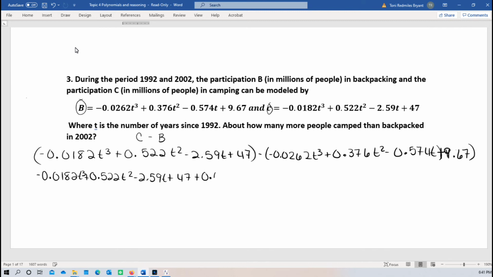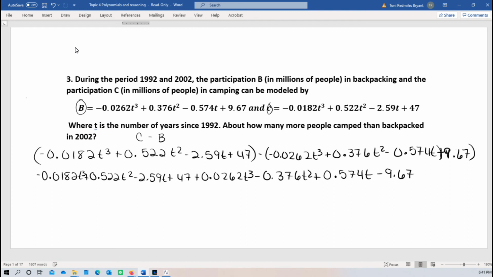It's going to change its sign. So the first one's negative, it's going to become a positive. The second one is positive, so it's going to become a negative. The next one is negative, so it's also going to become a positive. And then the last one becomes negative.